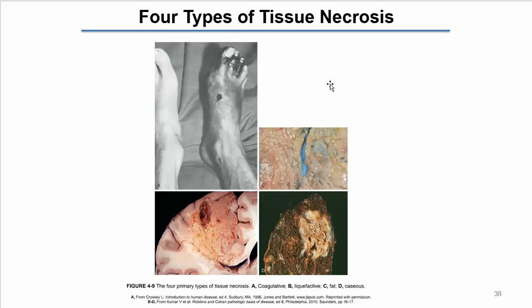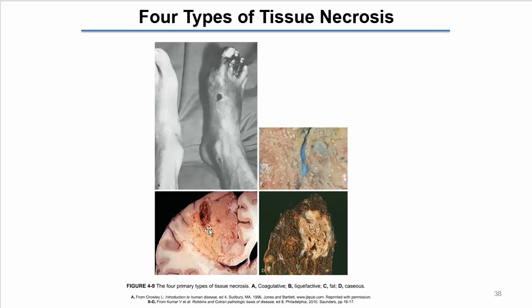This is likely a diabetes case. At this point, it's actually gone to gangrene. We'll talk about that in a minute, but the point here is in coagulative necrosis, the tissue looks like it's intact because the cells are still taking up the same amount of space.